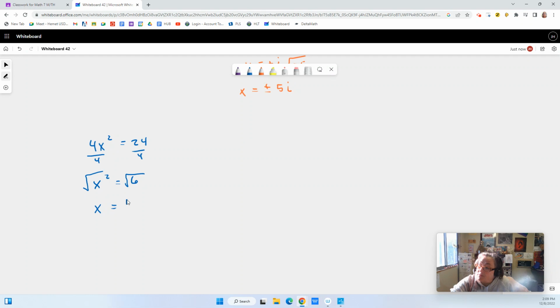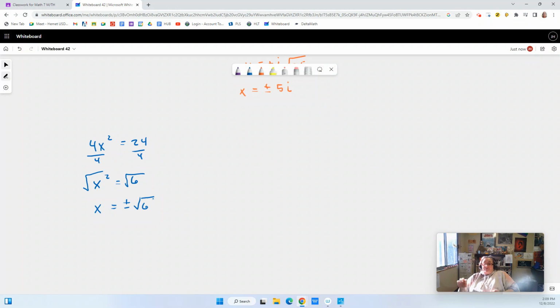Now, the square root of 6 does not reduce. It gives us a funky decimal answer. So we would just leave this as plus or minus the square root of 6. These are what the zeros of this function are, of this quadratic that we're solving.